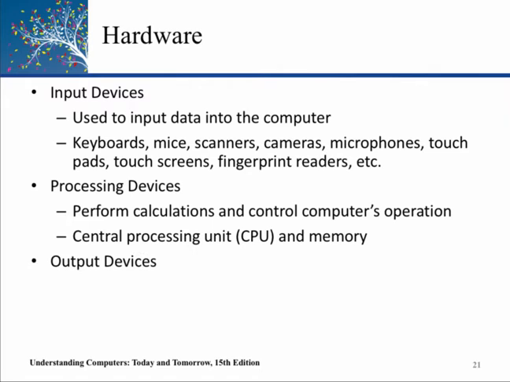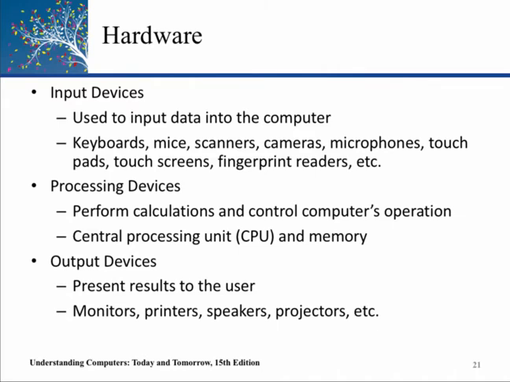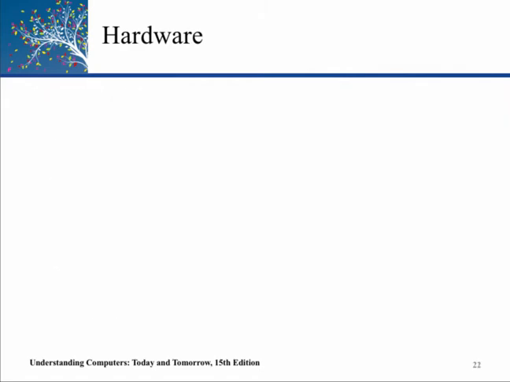And then there are output devices, things that tell you the results. Remember we just talked about data input, processing, output, and the output is presenting the results to the user. How do we do that? We use monitors, printers, speakers, projectors. All these things let you know the result of your computing.